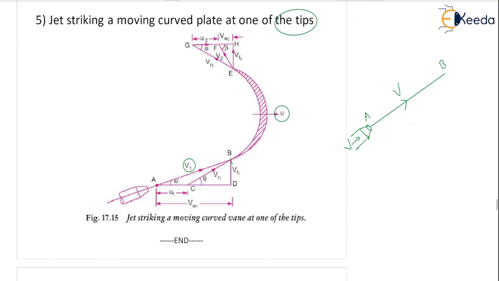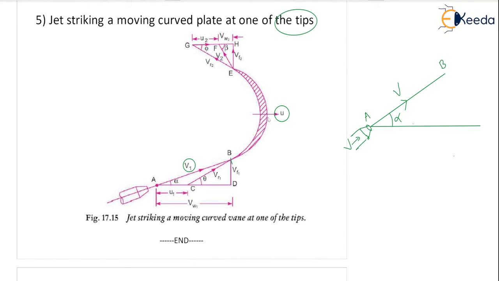What is the direction actually? To give the direction, I will give an angle, how much this velocity vector makes with the horizontal. Let us say this is angle alpha. Now we will measure the velocity with which the blade is moving, u.